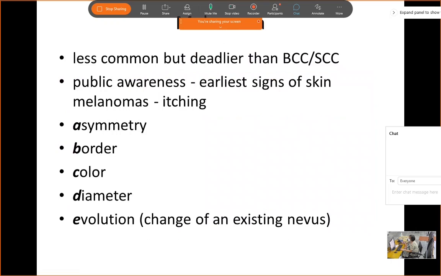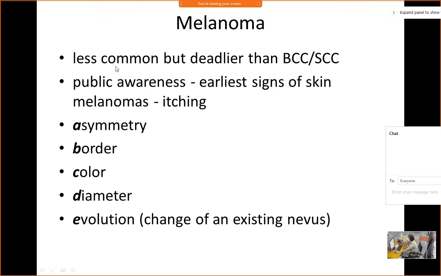Okay. Then malignant melanoma. This is less common, but it is deadlier than basal cell carcinoma and squamous cell carcinoma. Melanomas are tumors for which public awareness is important because they do occur in what we call moles or beauty spots.